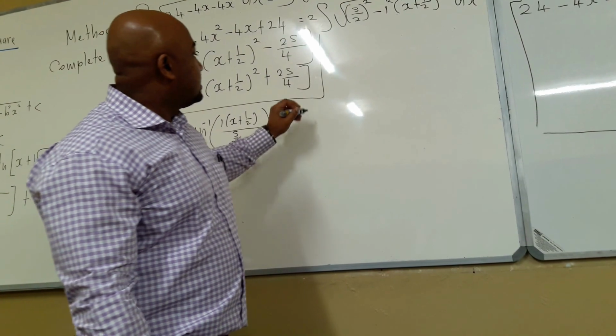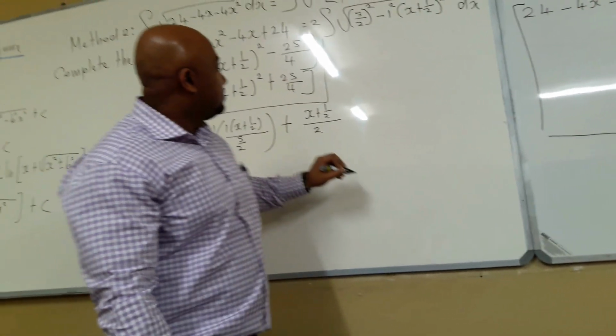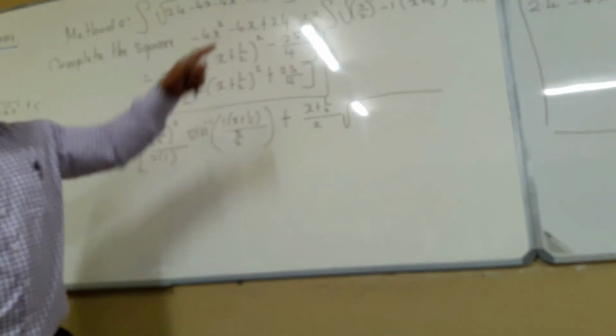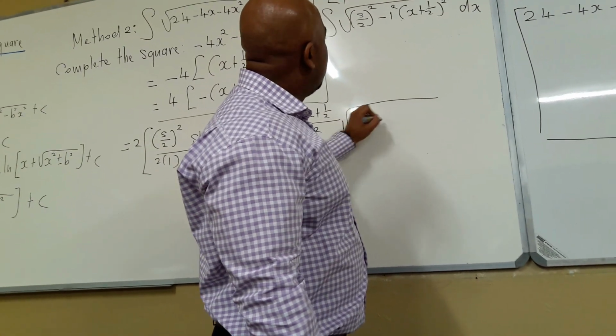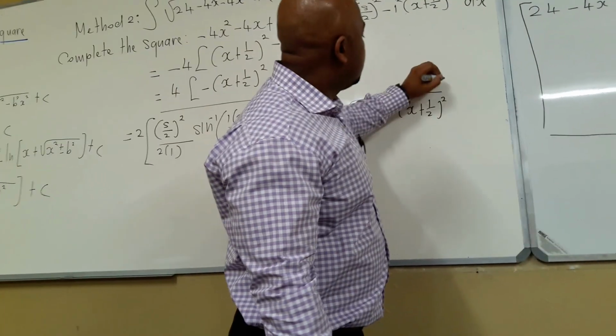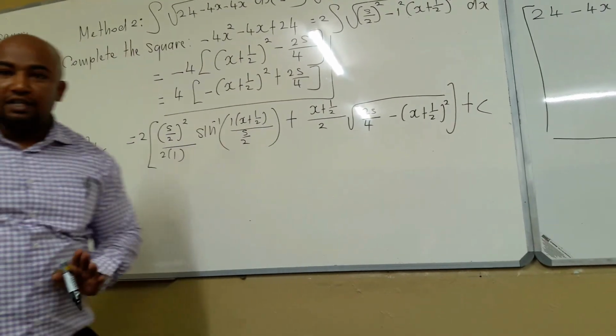What is my x? X plus 1 over 2 all over 2 times the square root of what I had here, which is 25 over 4 minus x plus 1 over 2 all squared dx, plus c. Let me just simplify this here for you.